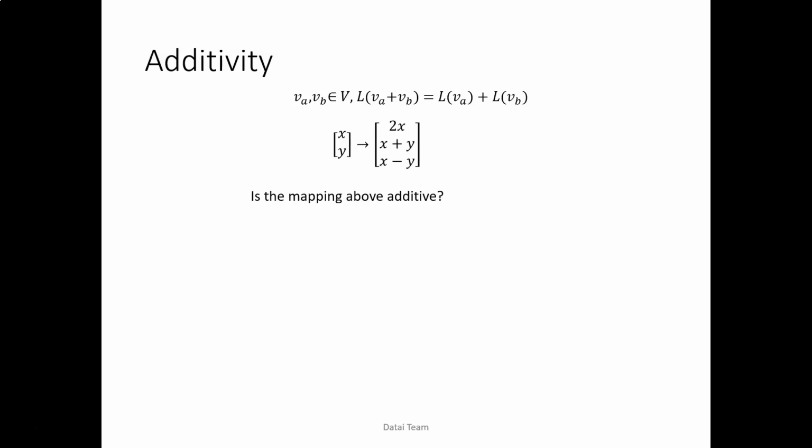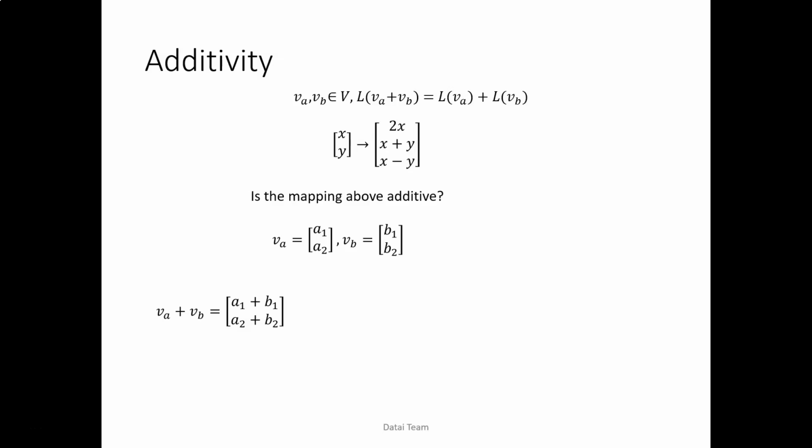So let's see if this mapping is additive. Let's get L of VA plus VB. So we have VA and VB. We have A1, A2, B1, B2. Let's add these vectors first and then linearly transform them. So we add VA and VB. We get A1 plus B1 as our X and A2 plus B2 as our Y. Then we linearly transform this based on the rule above.